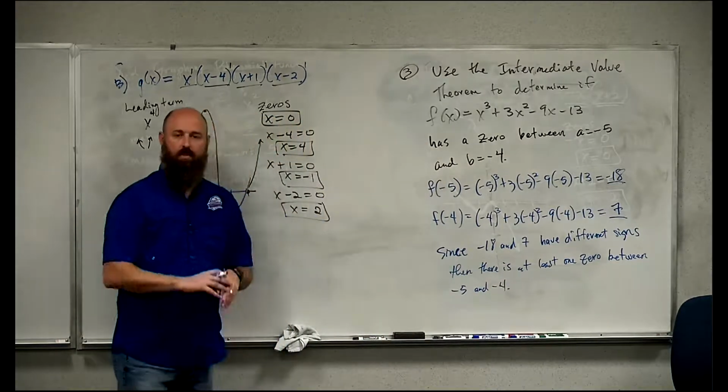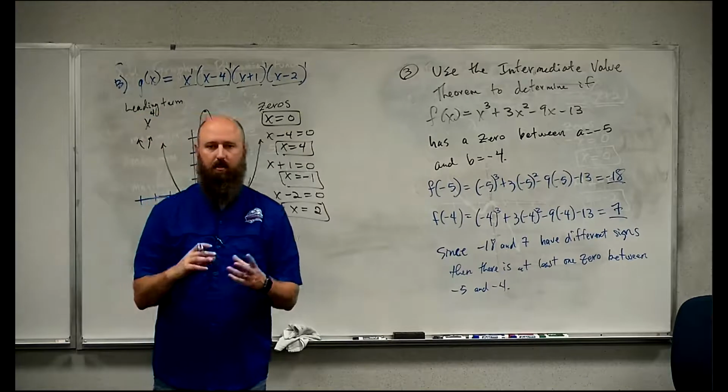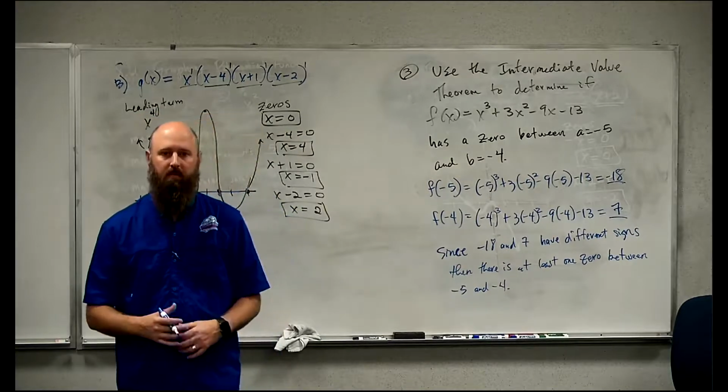Since our results have different signs, there's at least 1 zero in between that a and b value.